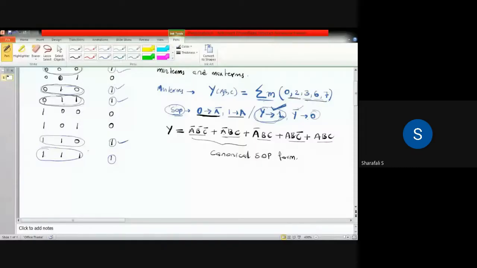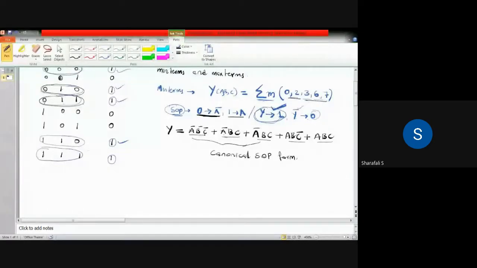The SOP form, the sum of product, is the canonical sum of product form, which means that it will include all the variables A, B, C in all terms. In all terms, we are having 3 variables, all the variables that we have considered. It may be in the normal form or in the complementary form. So it can be A or A bar, but all those variables will be present in this expression.